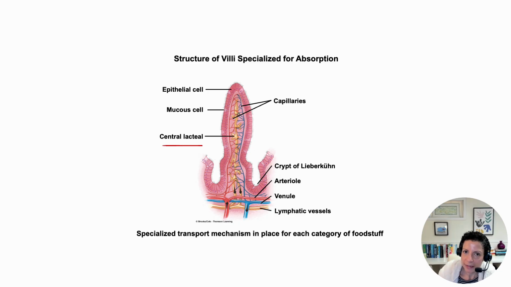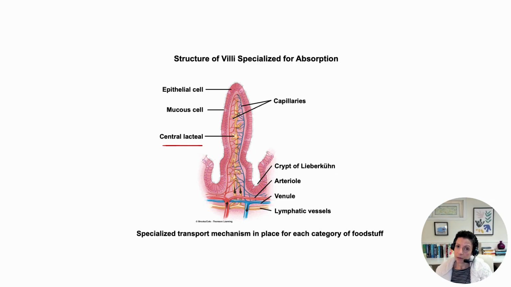Now this central lacteal, like I said, is a lymphatic vessel, and this is where fat that gets absorbed initially enters. So fat that gets absorbed along the brush border membrane does not immediately enter the bloodstream. It first enters these little lymphatic vessels called the central lacteal.